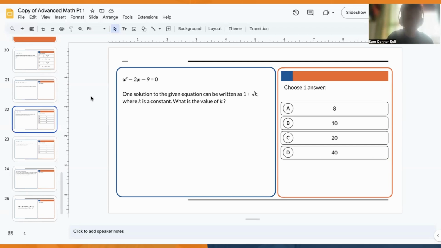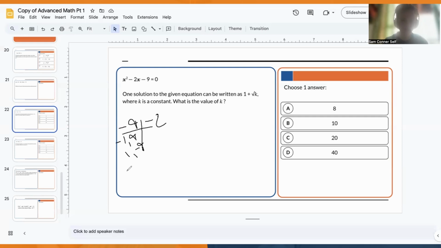So looking at this, the factors need to multiply to -9 and add up to -2. Just eyeballing this, the factors of 9 are 1 and 9. In this case, it'd be -1 and 9, or 1 and -9.